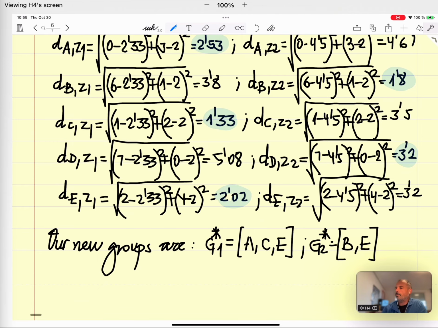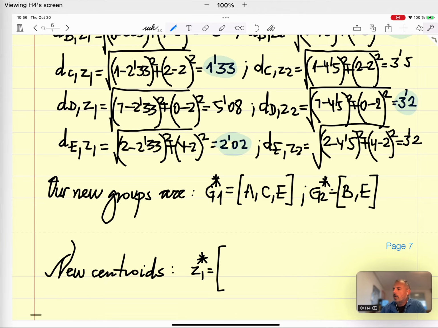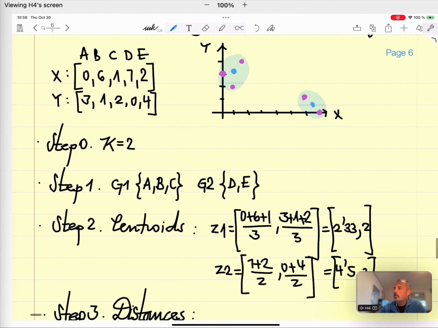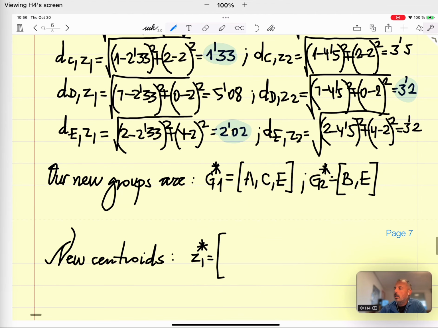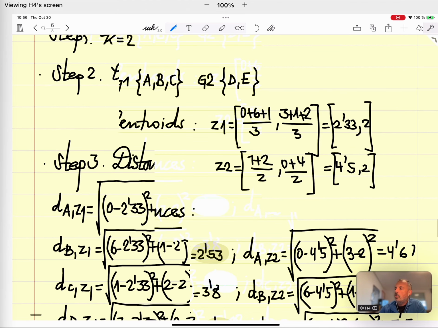All right. So we start again. Our new centroids. Z1 star, we need to take A, C, and E. So the x coordinates are 0, 1, and 2, divided by 3, and then the y coordinates 3, 2, and 4.